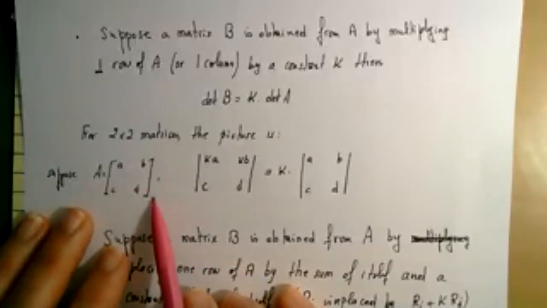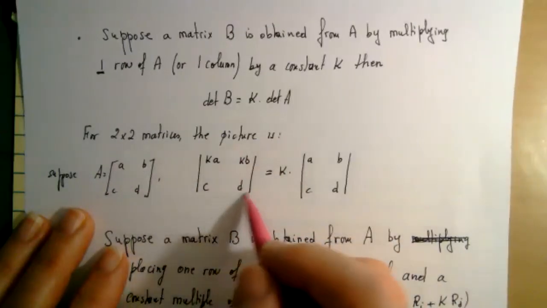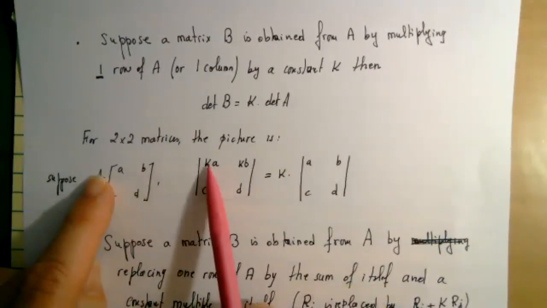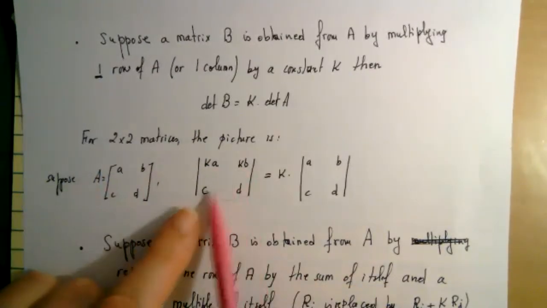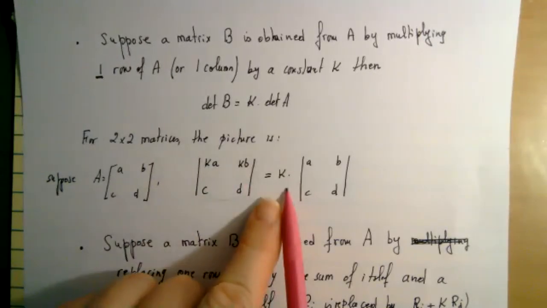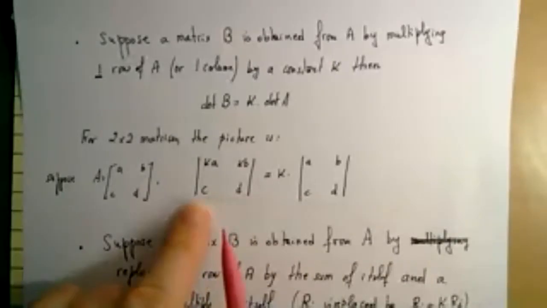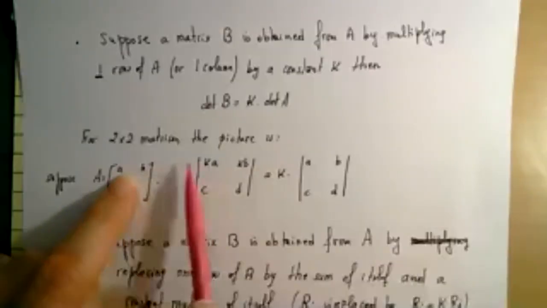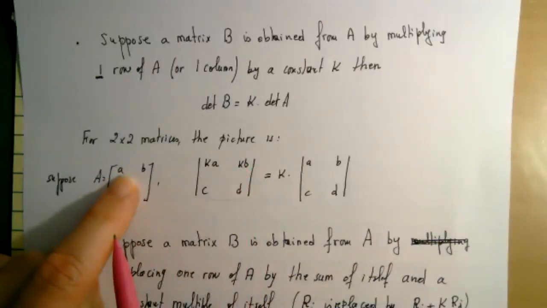Suppose that's my original matrix, and this is my B. That's the B I'm talking about. So this is the matrix obtained from this one by multiplying one row by a constant. I have a whole new matrix. The determinant of this new matrix is K times the determinant of the old matrix. So I can basically factor out the K as long as I multiply one row by a constant.